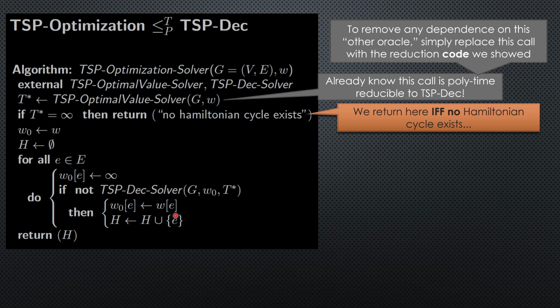So whatever optimal Hamiltonian cycle we're going to return in the end as H, that Hamiltonian cycle is going to include E. So we can add it to H. It's going to be part of every optimal Hamiltonian cycle.